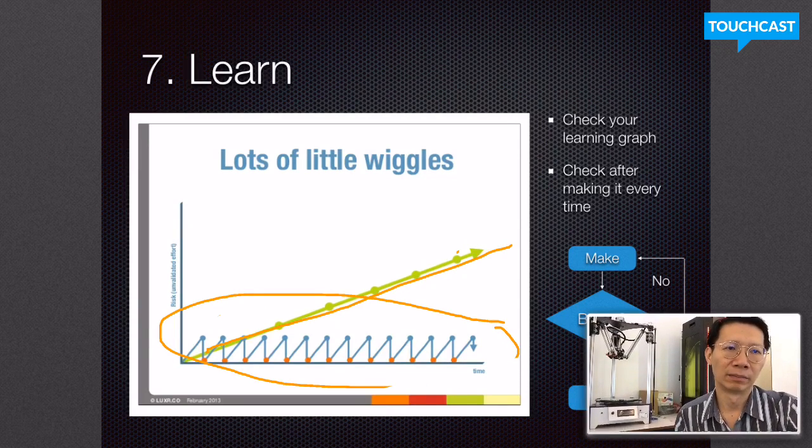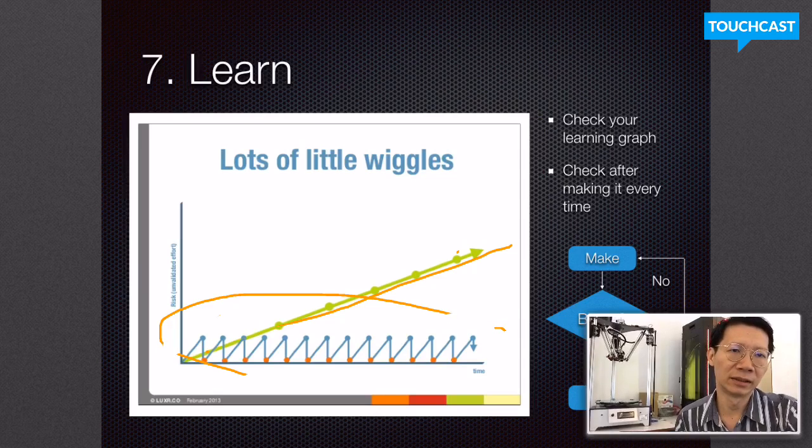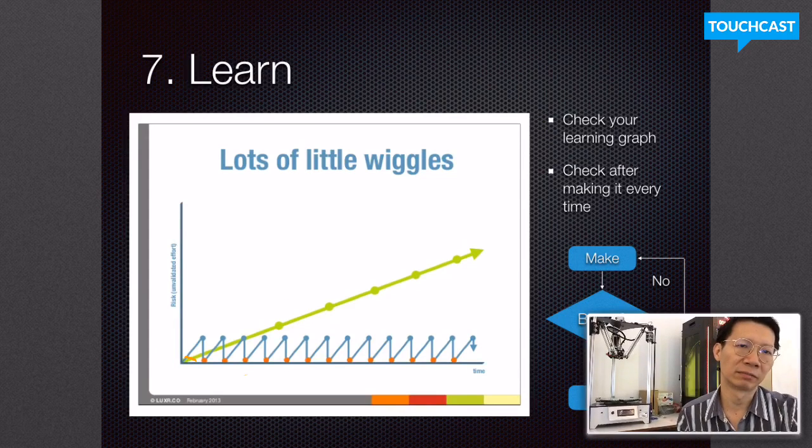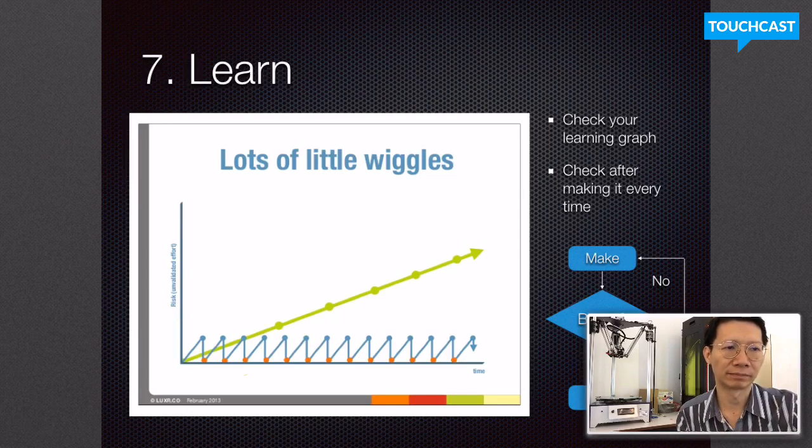So that's why I say that you need to recheck and check your experiment all the time, and say, oh, it works or it doesn't work. And don't keep repeating everything without any improvement. It means that you didn't learn anything, because you want to improve the product.